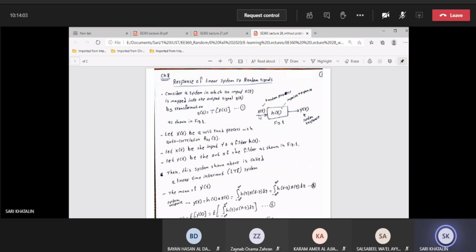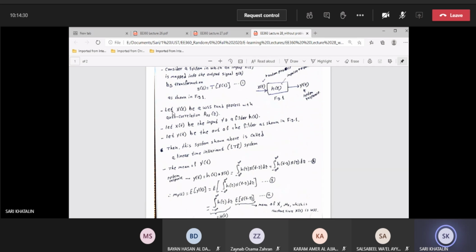The input x of t goes through this filter, and the output is y of t. Since x of t is a random process, obviously the output will be a random process. As you can see in equation 1, this is like a transformation of x of t to y of t using this equation.